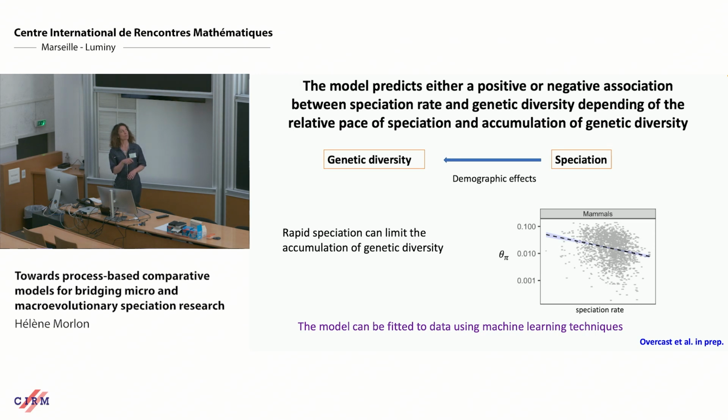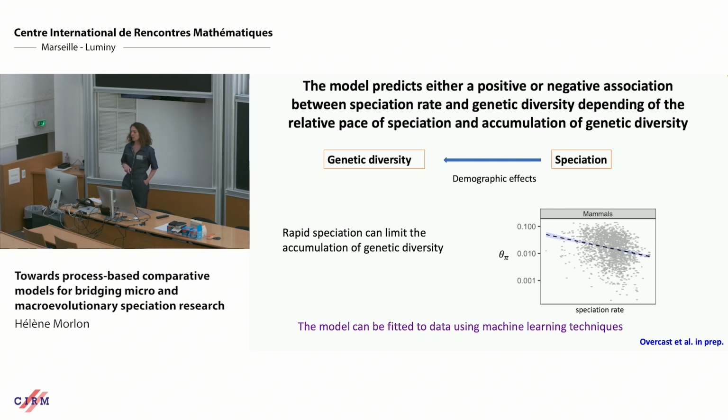As a reminder, in mammals, we found this negative relationship, and the slope of the relationship depends on the relative pace of speciation and accumulation of genetic diversity.